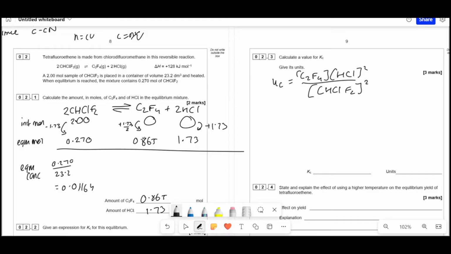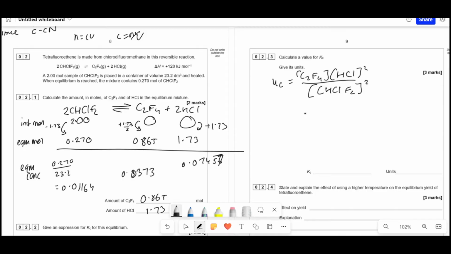For this one, it's 0.865 divided by the volume, which gives you 0.0373. And then 1.73 divided by the volume, which is 0.07457.